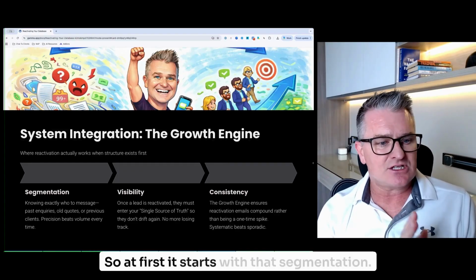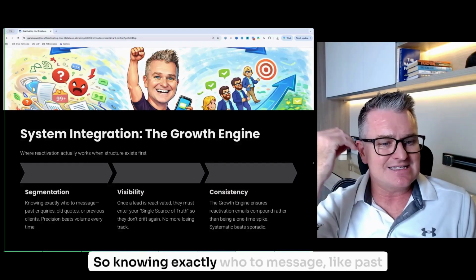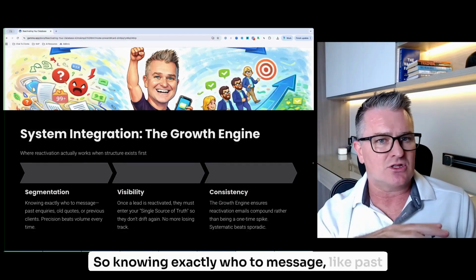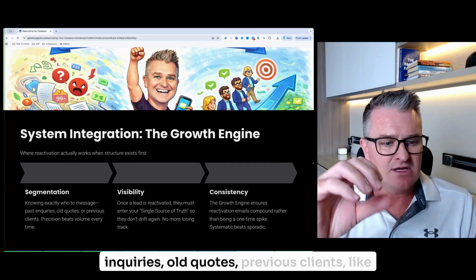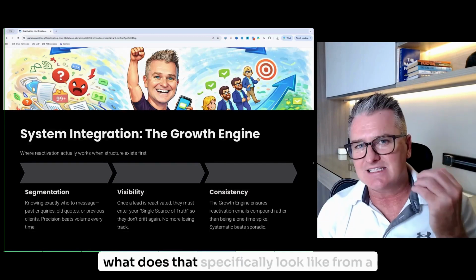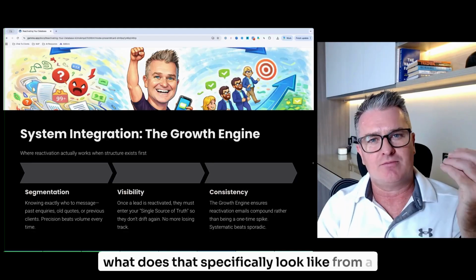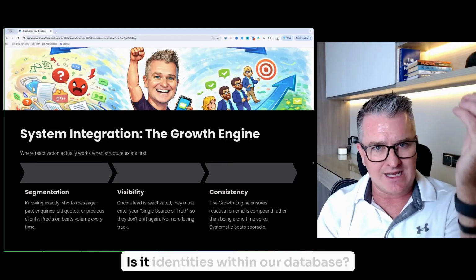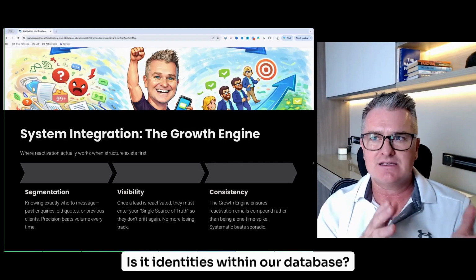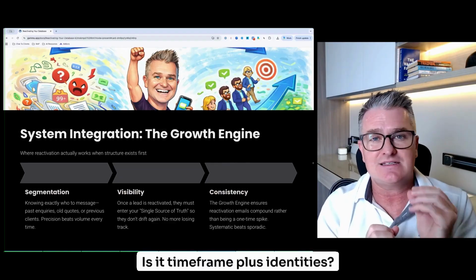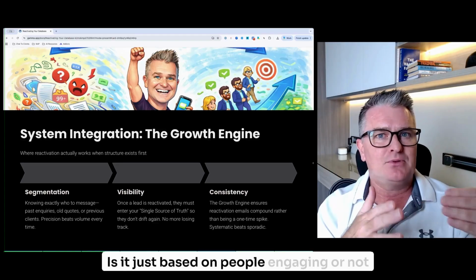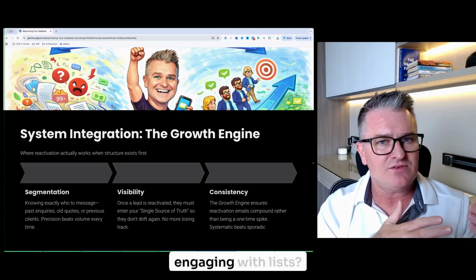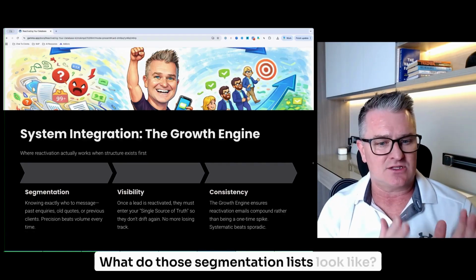At first it starts with segmentation, knowing exactly who to message, like past inquiries, old quotes, previous clients. What does that specifically look like from a segmentation perspective? Is it identities within our database? Is it time frame plus identities? Is it just based on people engaging or not engaging with lists? What do those segmentation lists look like?